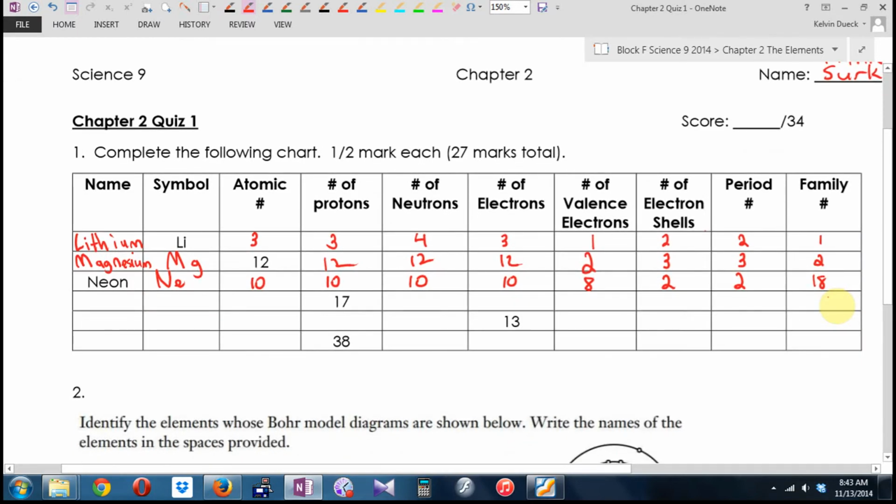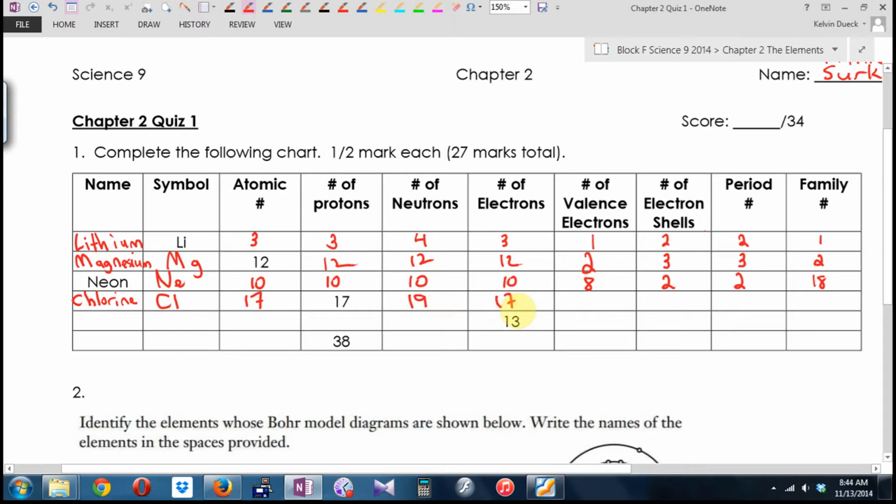We have something with 17 protons. You know what? That's also telling me the atomic number is 17, which is telling me its element chlorine, Cl. How many neutrons? Ooh, I got to do some math. 36 take away 19. How many electrons? 17.